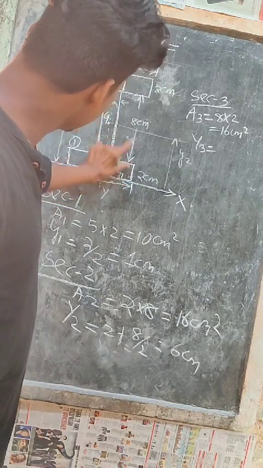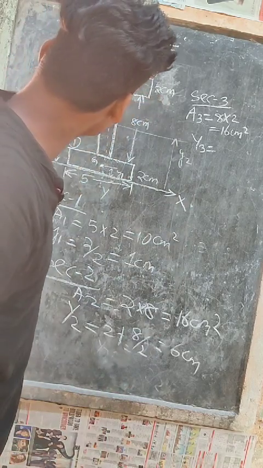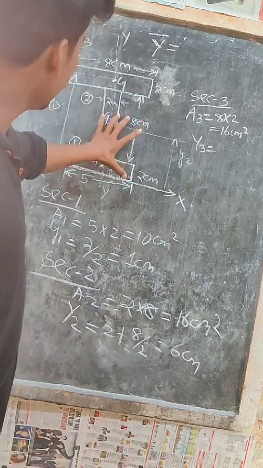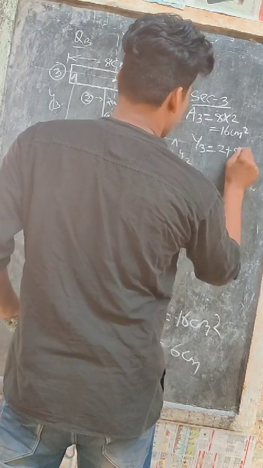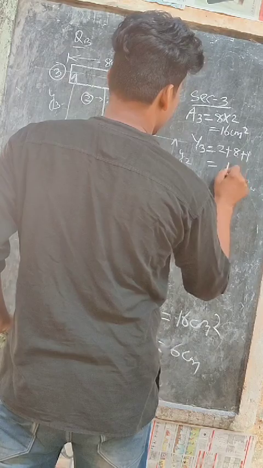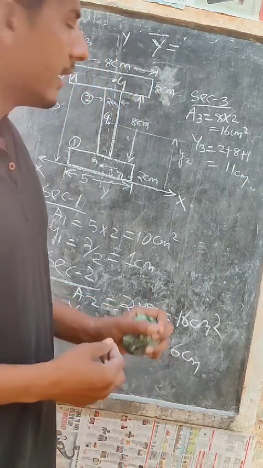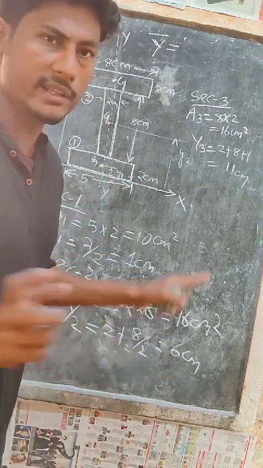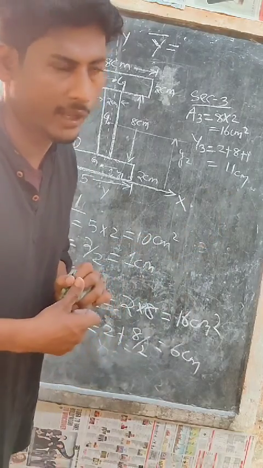This is 2 centimeter, this is 8 centimeter, this is 1 centimeter, because this is 2 centimeter, so this is 1 centimeter. 1 plus 8 plus 2. 2 plus 8, 10. 10 plus 1, 11. So 2 plus 8 plus 1, this is 11 centimeter. Right? Now you can find out in all sections there is A1, Y1, A2, Y2, A3, Y3, etc.